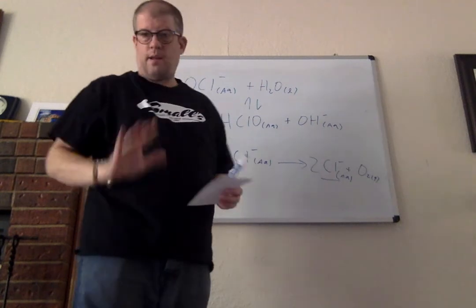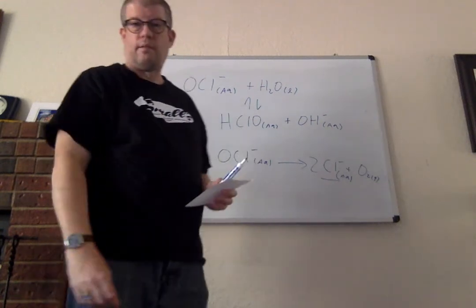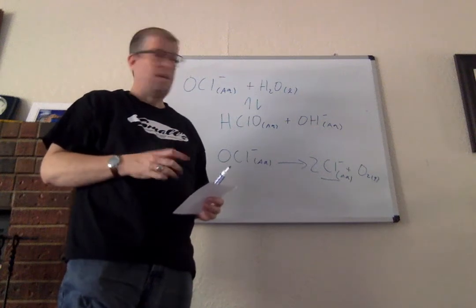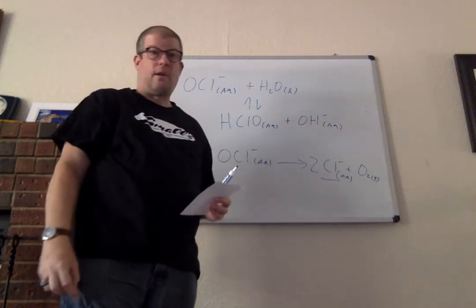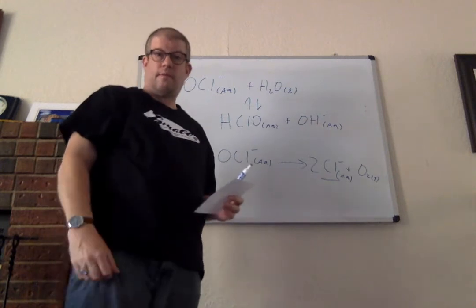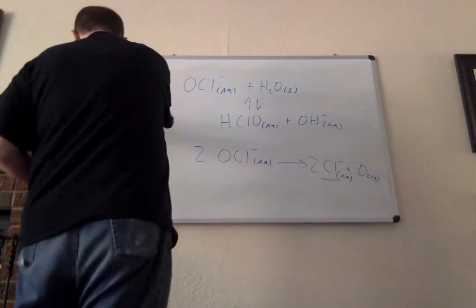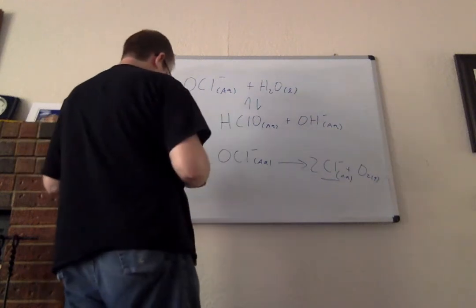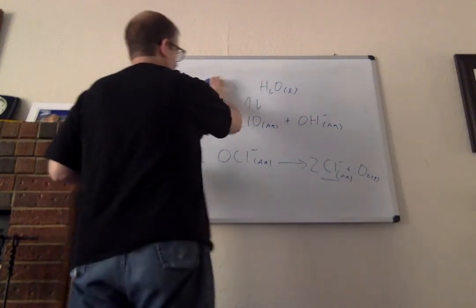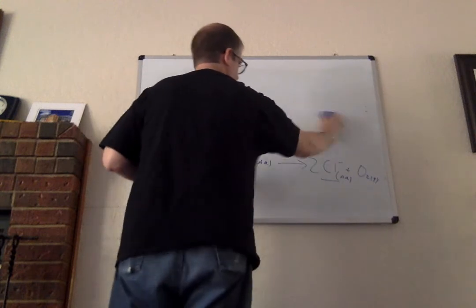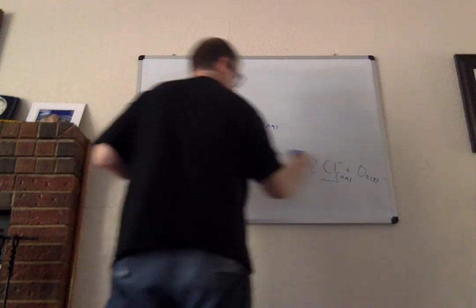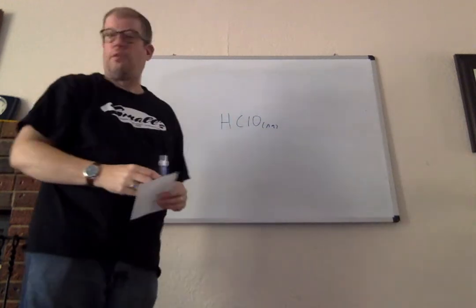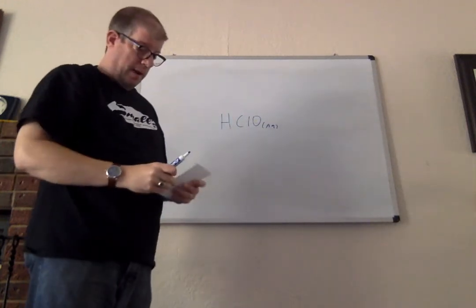Now, again, in a relatively concentrated, commercially available solution kept in a cool, dark place, this reaction doesn't happen to any large extent, but it does happen enough. So, in addition to this equilibrium right here, once you form this stuff, which you're going to do no matter what, the following reaction can take place.